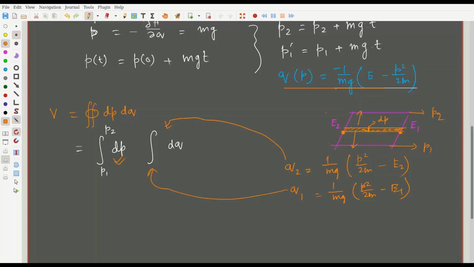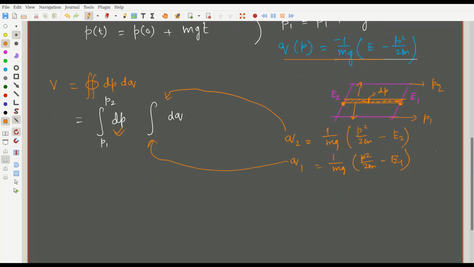All right. So this basically gives you integration p1 to p2 dp, and this is dq. Integration of dq means q2 minus q1, and that is given by e1 minus e2 by mg.